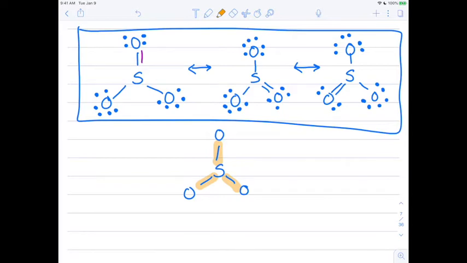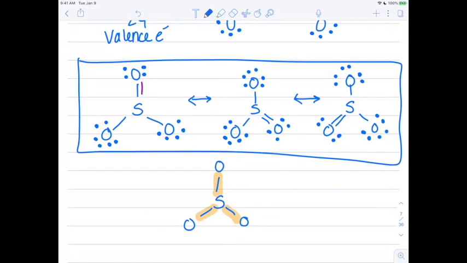And if you're wondering, can we force them somewhere? We absolutely can. If we apply a magnet, they will follow that magnet. But if we don't apply a magnet, they can just randomly be in any of those 3 locations. They're all perfectly good, perfectly equal in terms of energy, perfectly equal locations, so they can be anywhere. And so that's why we force you to do the 3 resonance structures.